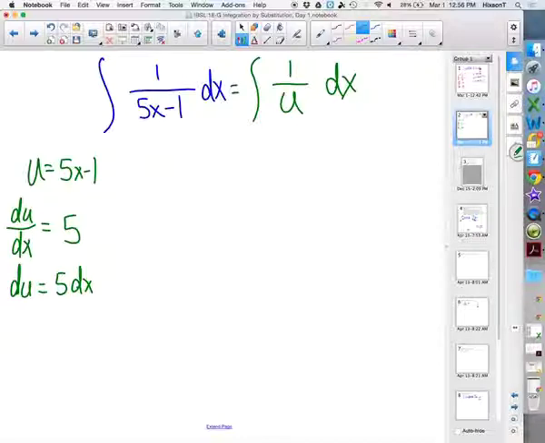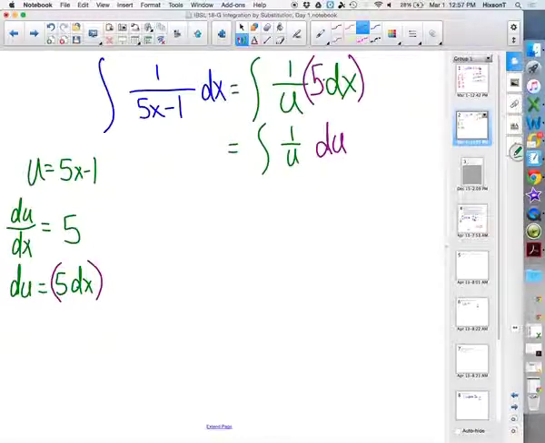Alright? So now I can substitute in. If I put a 5, so I have the 5 dx I need, I can replace that with a du. So now I'm taking the integral of 1 over u du. Okay? But I have to counter that 5 with a 1/5 on the outside. Okay?